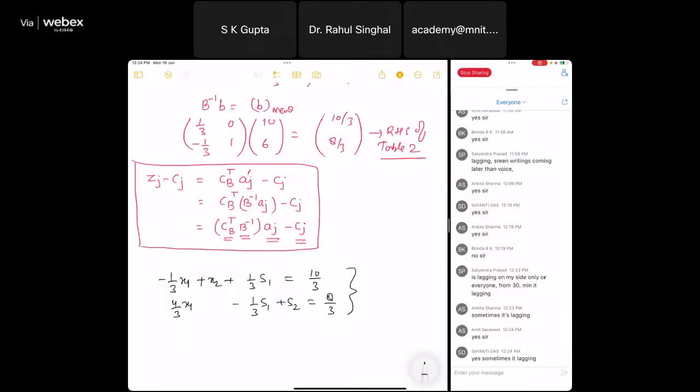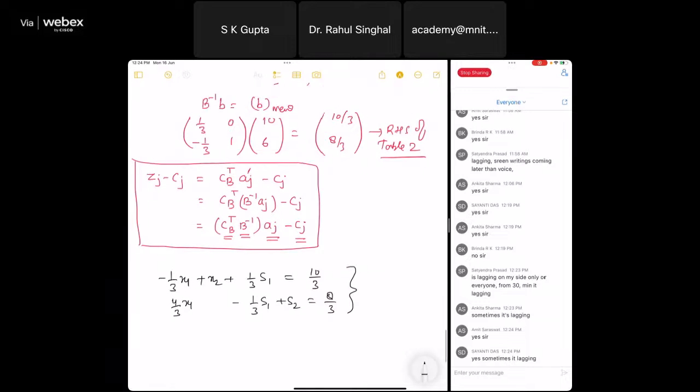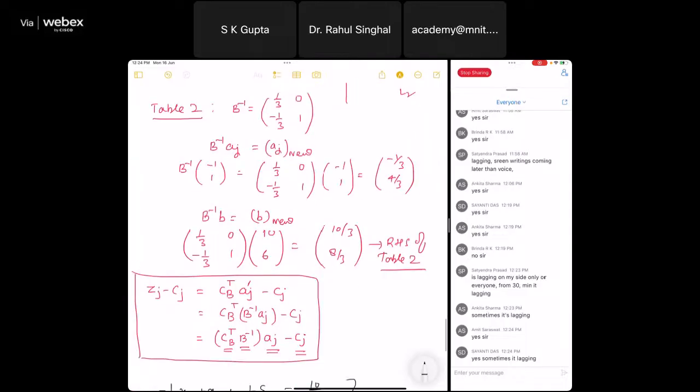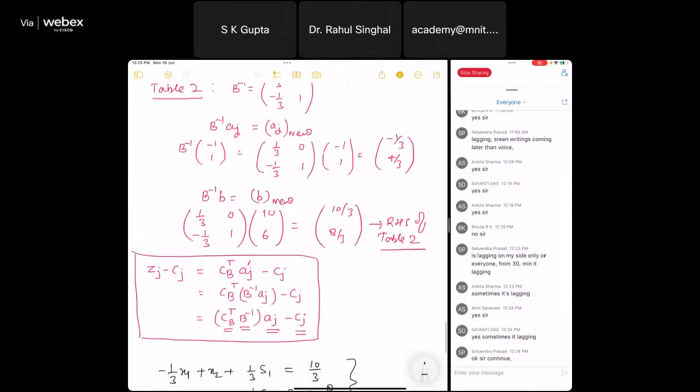So now let us see here. What are the basic variables? x2 and s2, and one of the variables should leave the basis, right? We have seen that the variable which is entering is x1. So x1 is entering, which means x1 becomes a basic variable, and out of these two, one should leave the basis. s1 is 0.